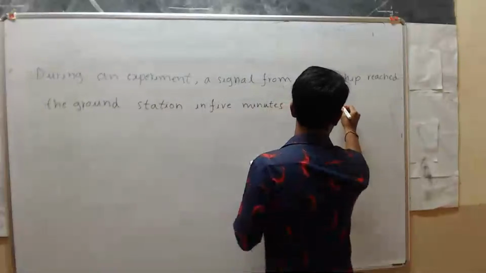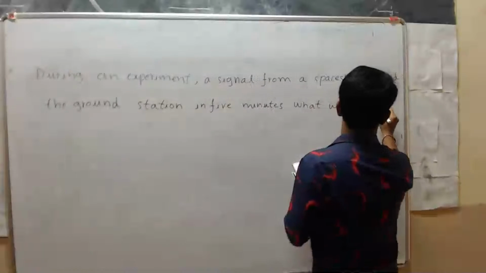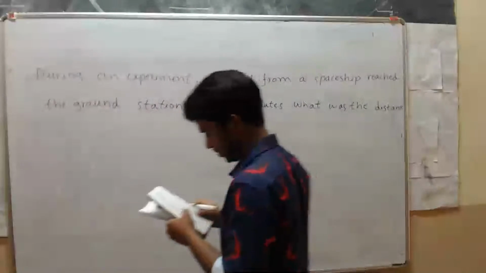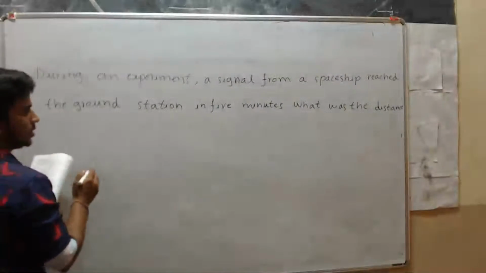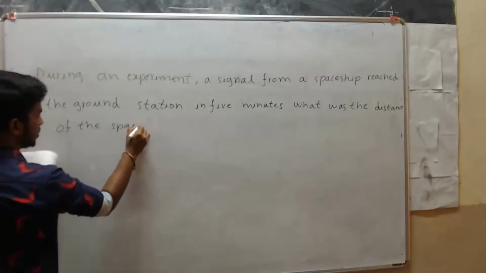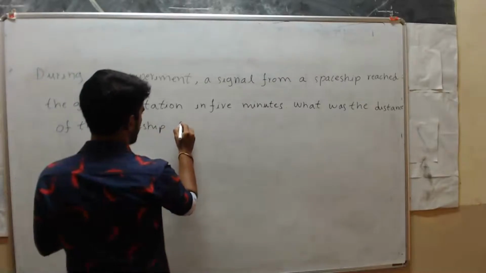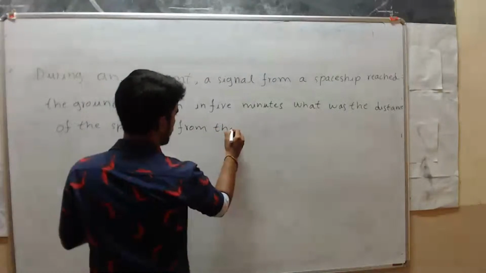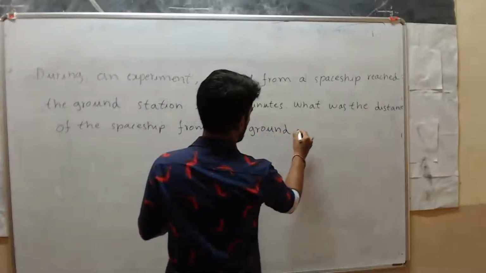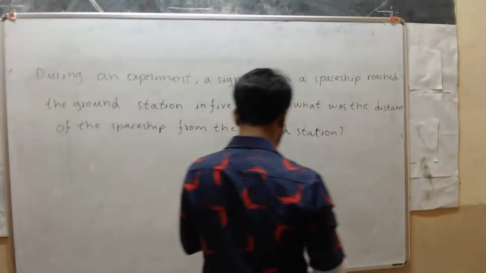What was the distance of the spaceship from the ground station?